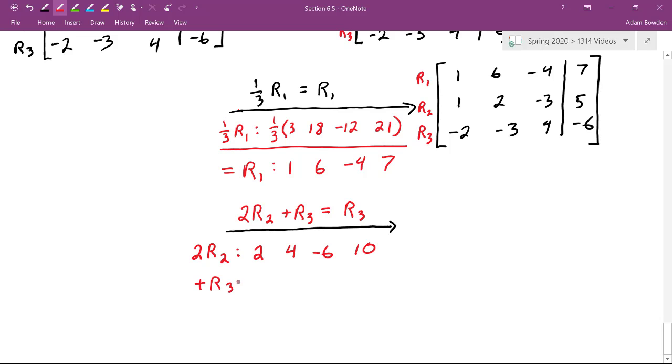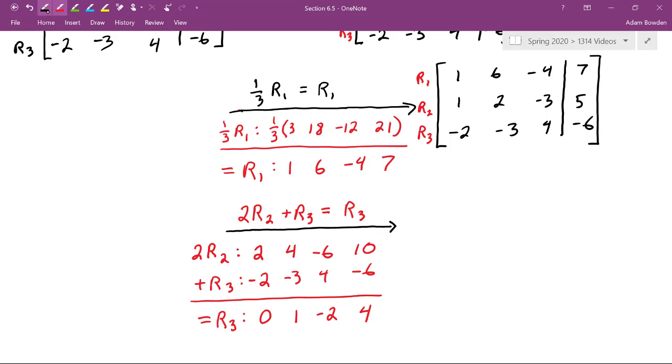And we add those with the numbers in row 3: -2, -3, 4, and -6. And that's going to equal our new row 3: 0, 1, -2, and 4.